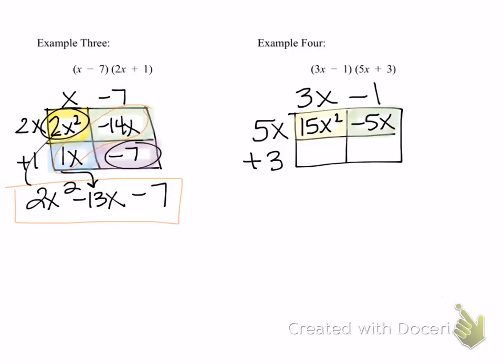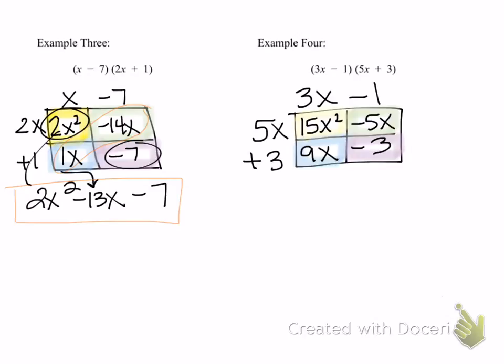The third one is 3x times 3, and in this case that is 9x. And then lastly, we've got negative 1 times 3, which is just negative 3.